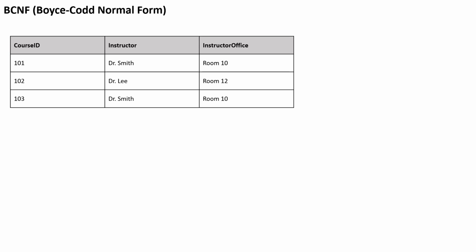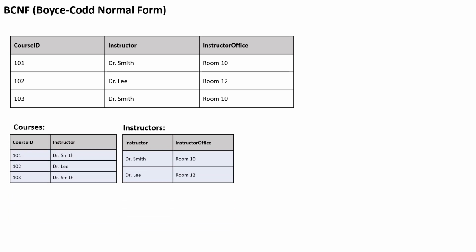So instructor is a determinant but not a key, which is a violation of Boyce-Codd normal form, right? To solve this problem, we simply split the table again into courses and instructor, wherein each determinant has its own primary key, or you can say each determinant is a key now.